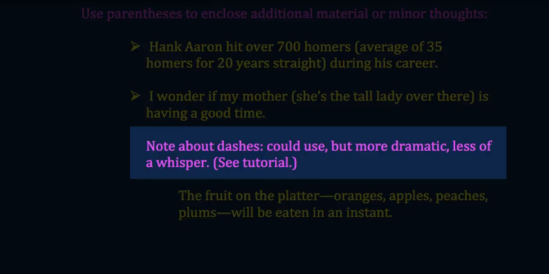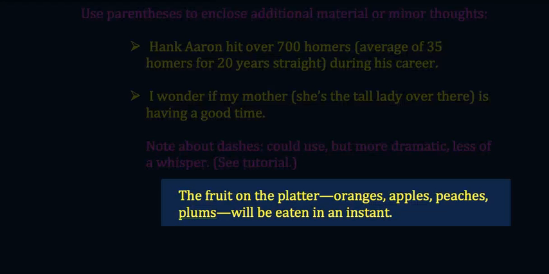Like this example: the fruit on the platter — oranges, apples, peaches, plums — will be eaten in an instant. Dashes, like parentheses, are interrupting the sentence to give more information, but the writer is deciding to make it more dramatic and obvious and in your face.